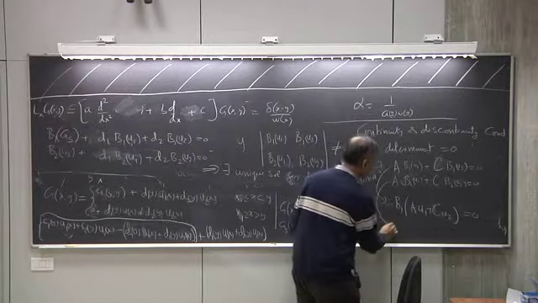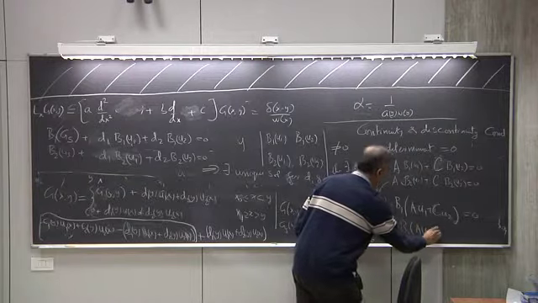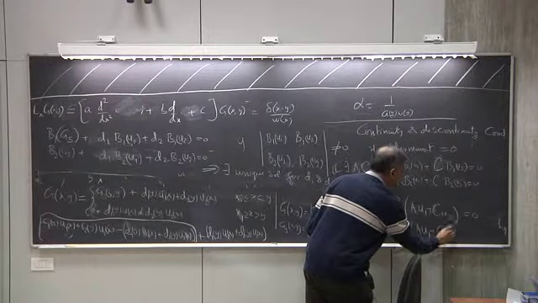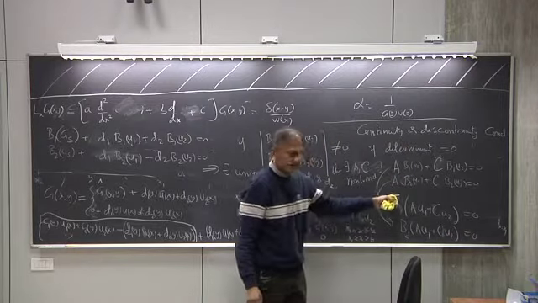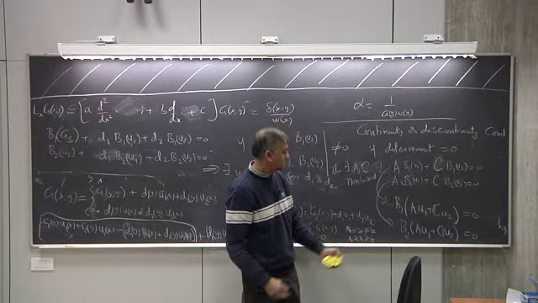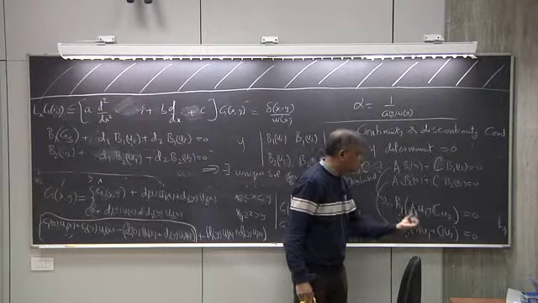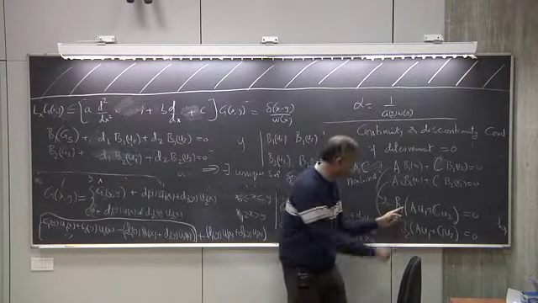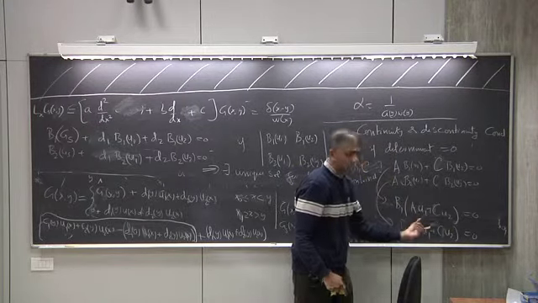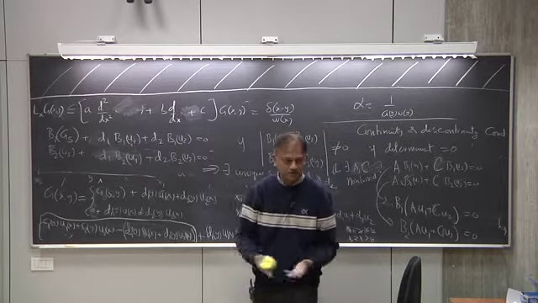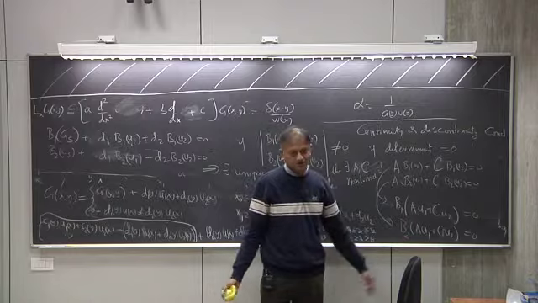Again, this is B2 of A U1 plus C U2 equal to 0, using linearity of the B2 condition. But that means there is a combination which satisfies both the boundary conditions, and this combination is also a solution of the homogeneous equation. I mean, it is annihilated by Lx. So that means Lx has a 0 mode.